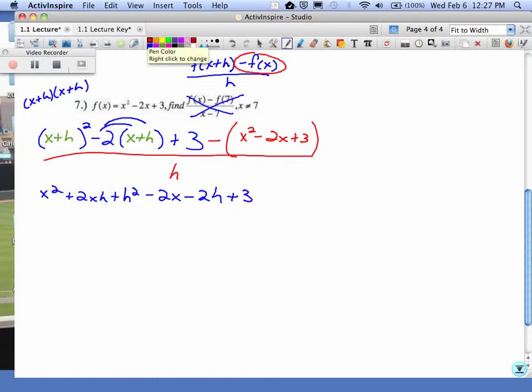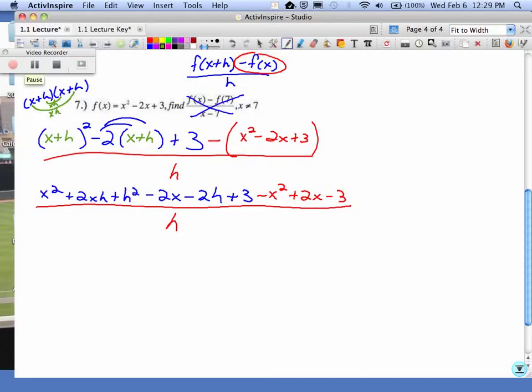At the very end, we have the minus our function in red, so it's minus x squared plus 2x minus 3 all over h. Now we're ready to cross some things off.